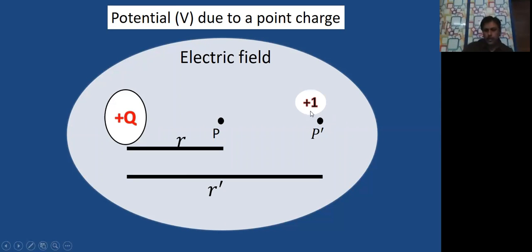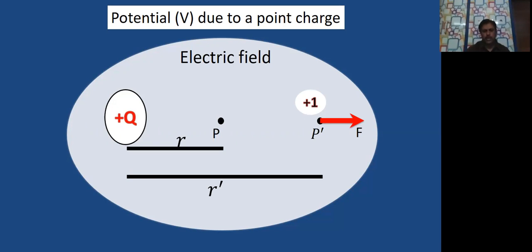Now I kept a unit positive charge. Unit positive charge means, as I told you, plus 1 coulomb. When I kept this plus 1 coulomb charge here, let the repulsive force on it be F. Why is there repulsion?